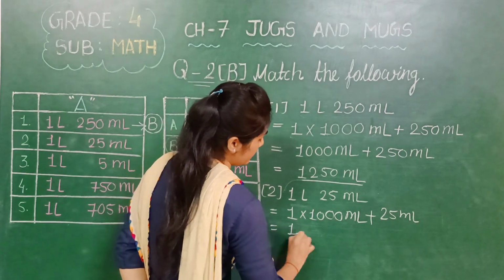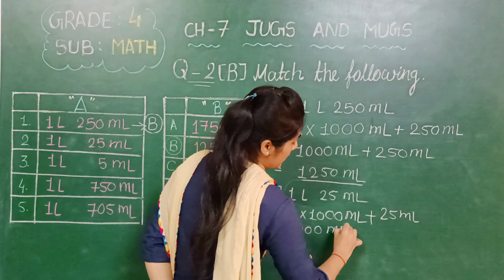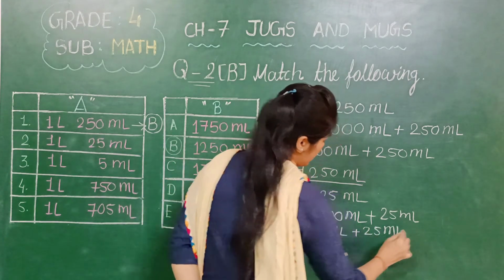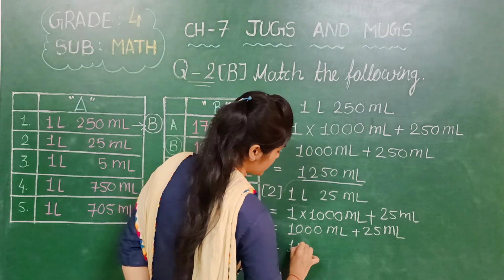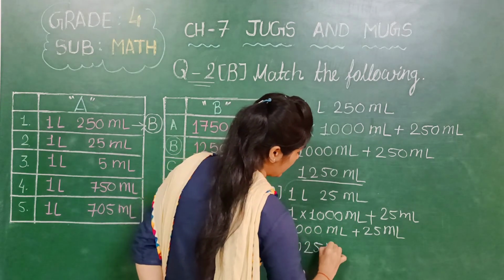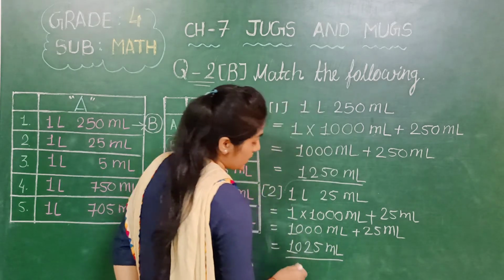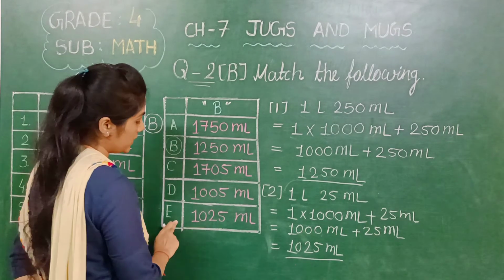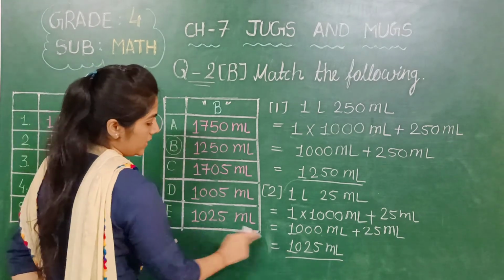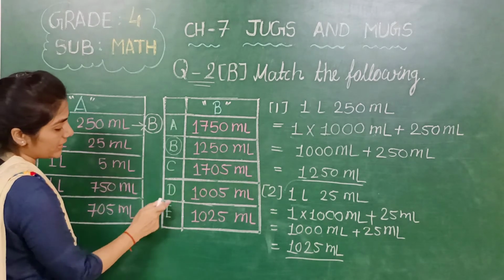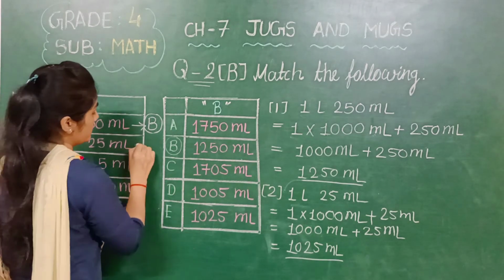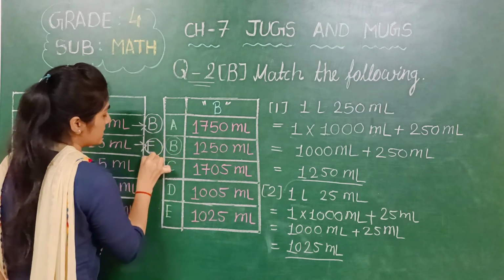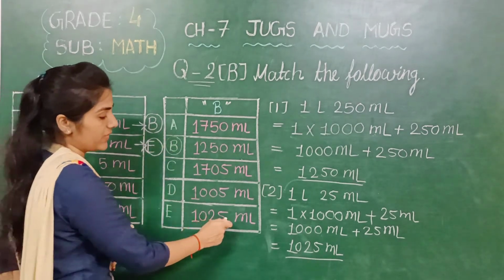So the answer will come 1000 ml and we copy the same 25. So the addition of this is 1025 ml. Now this answer we have to find from this box, and it is given in E, 1025. So for the second number, I am writing the alphabet E.